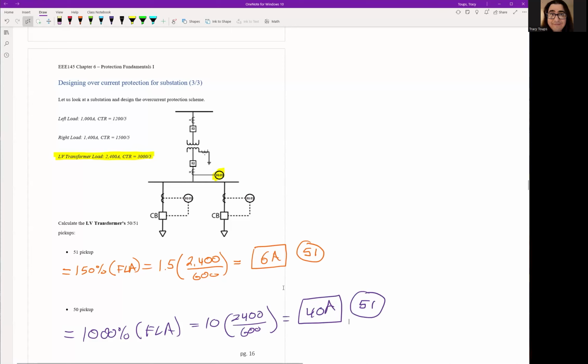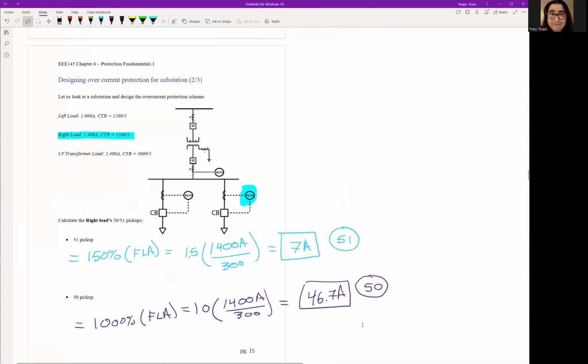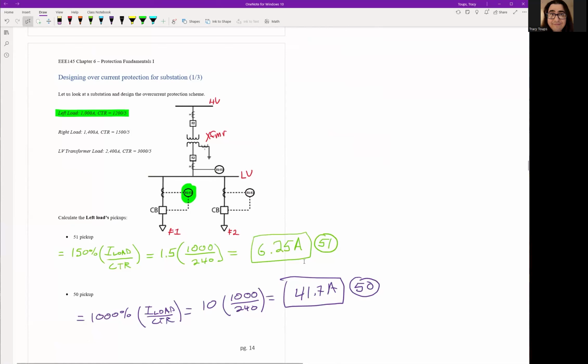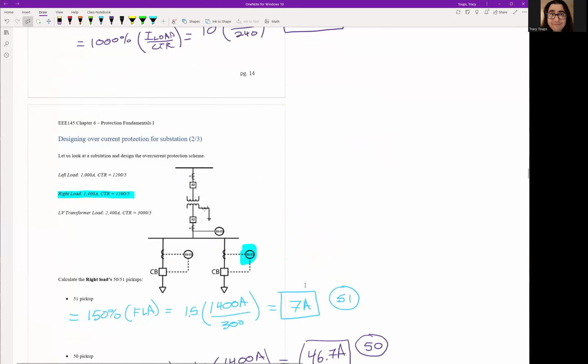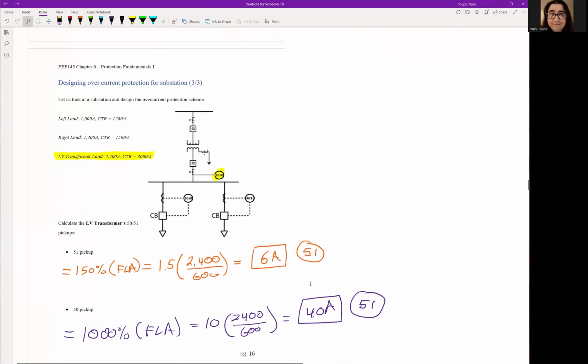Now, one thing that's good to note is look at these numbers. For the transformer, we have almost double the current of the other ones, yet our pickups are 6 and 40, compared to 7 and 46, compared to 6.25 and 41. So you can see even though the current is drastically different, your pickups are actually not that far off. And that's because of the CT ratio.